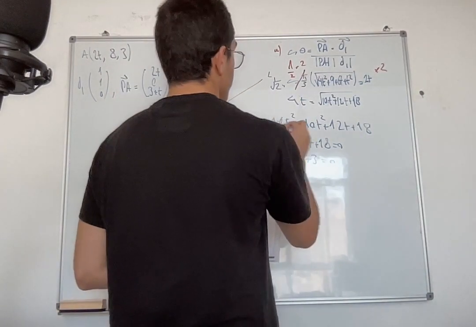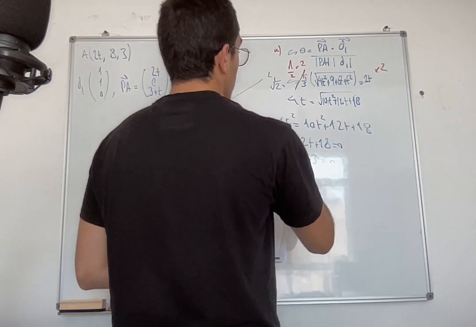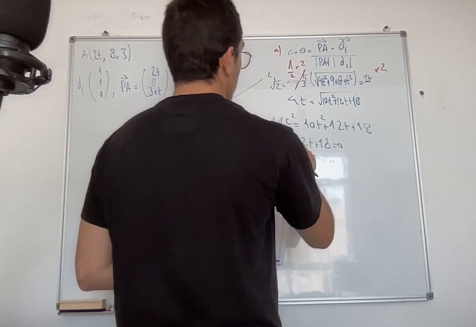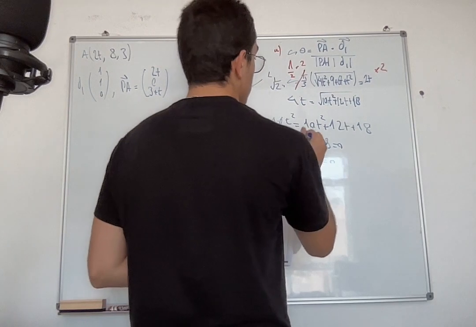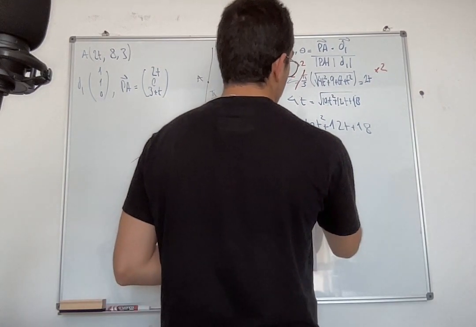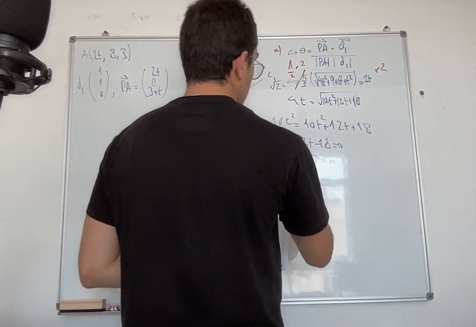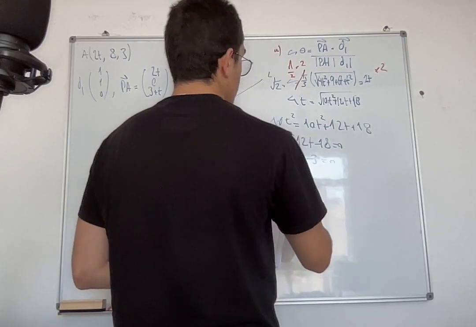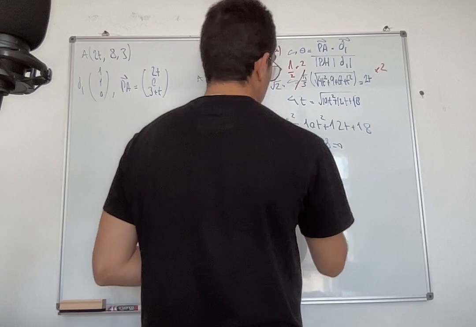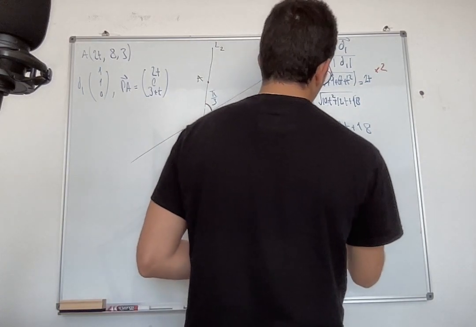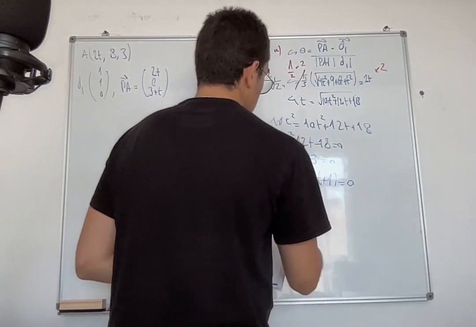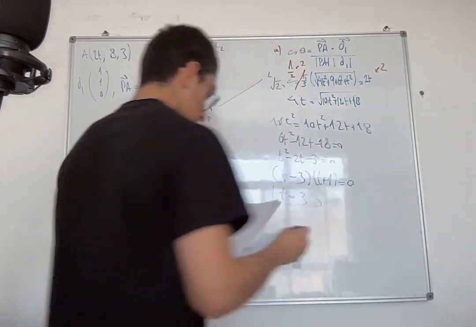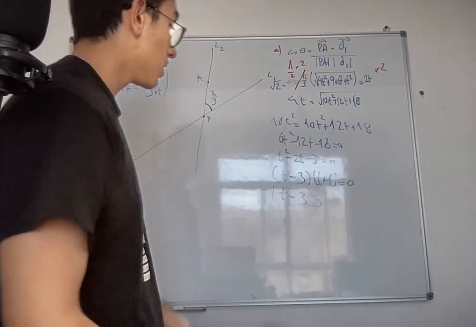So negative 6t squared, I'm going to write this as minus 12t minus 18. So minus 2t and then minus 3, so t minus 3 and then t plus 1 equal to 0. So t is equal to 3, as t is greater than 0.